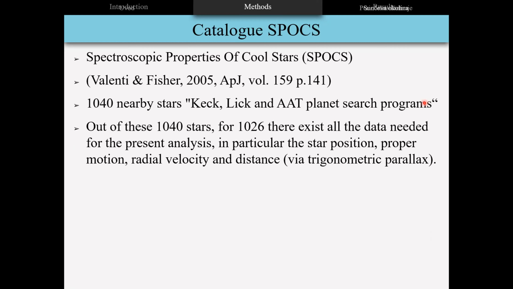So for 1,026 stars of the 1,040 in total, there are all the data that were needed for this analysis. In particular, position, proper motion, radial velocity, and distance. At that time, we used the distance from the Hipparcos catalog, but today we plan to continue this work on the data from the Gaia catalog.